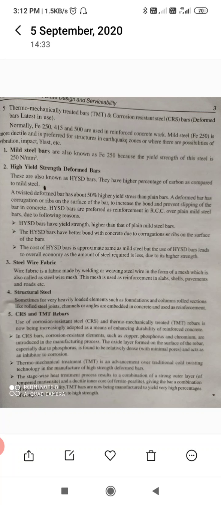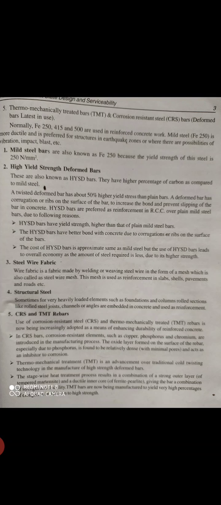Normally Fe250, Fe415 and Fe500 are used in reinforced concrete work. Mild steel Fe250 has more ductility and is preferred for structures in earthquake zones or where there is a possibility of vibrations, impact, blast, etc. These are the areas where TMT as well as CRS bars are widely used.